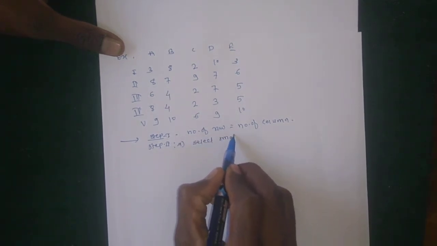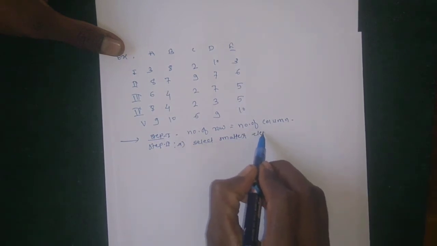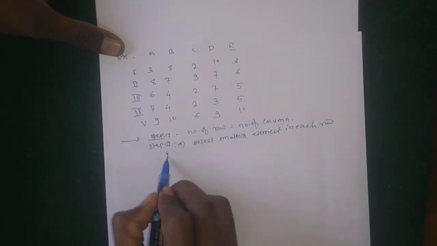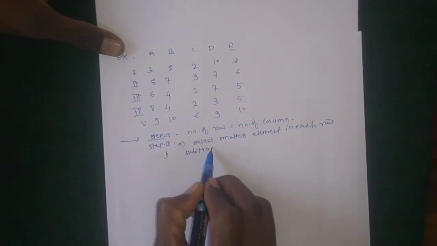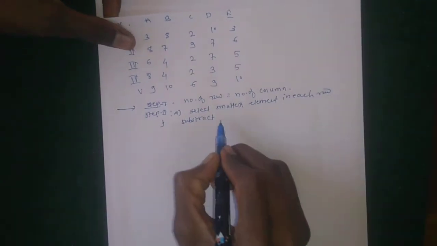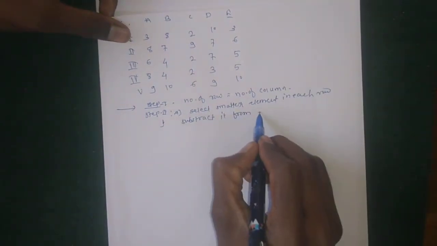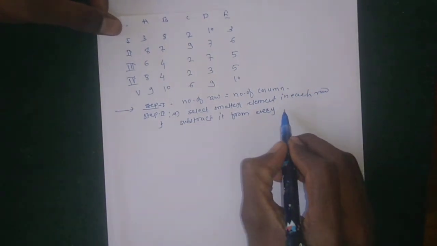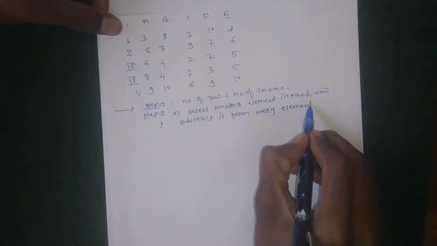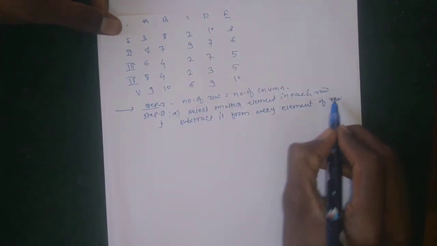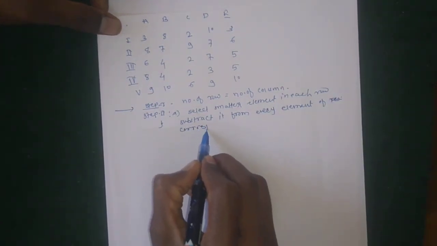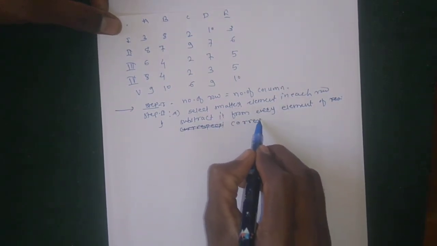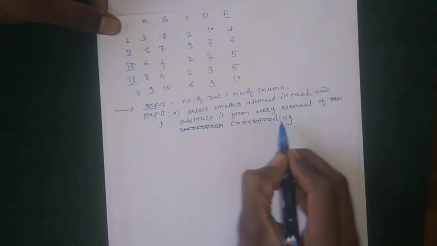Step second here is: select the smallest element in each row and subtract it from every element of the respective or corresponding row.